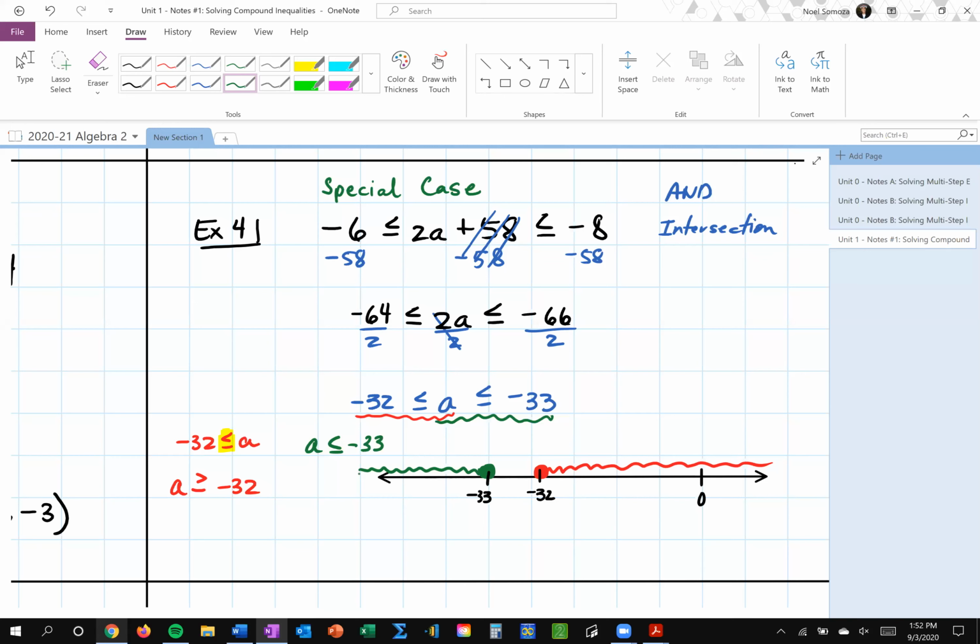Is there any number? Exactly, no solution. There is no way that a number can be greater than negative 32 and less than negative 33 at the same time. Just not possible.